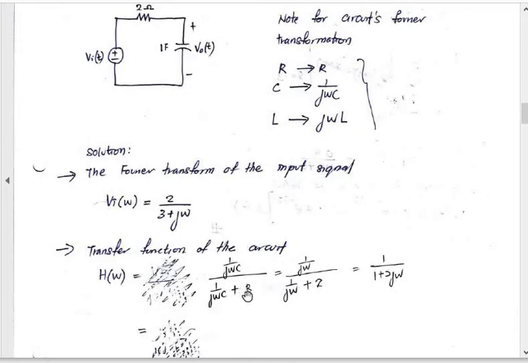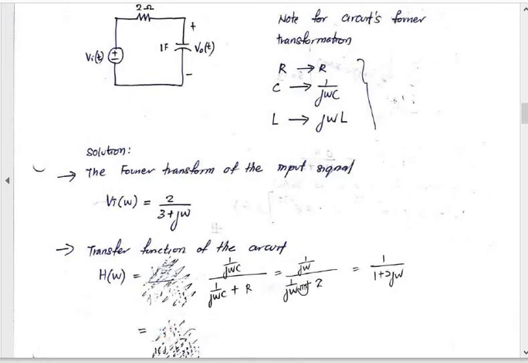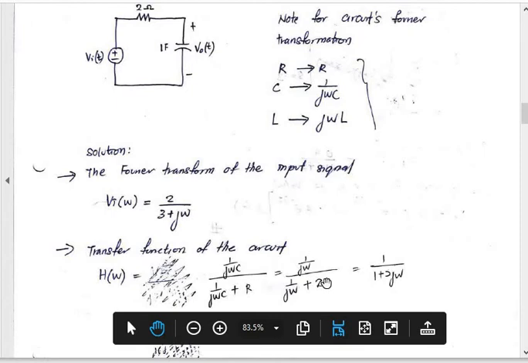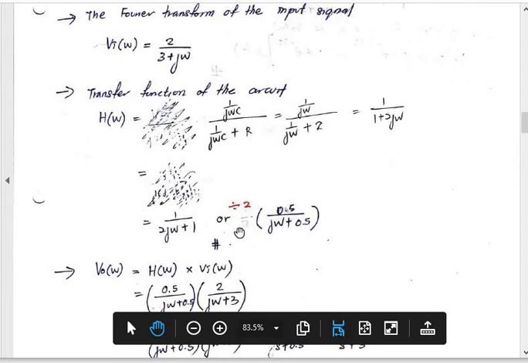So the capacitor is 1, you substitute C is 1, and the resistor is 2. Then you get this. You simplify, you have 1 over j omega divided by 2 over j omega plus 2, which is 1 over 2 plus 2 j omega.